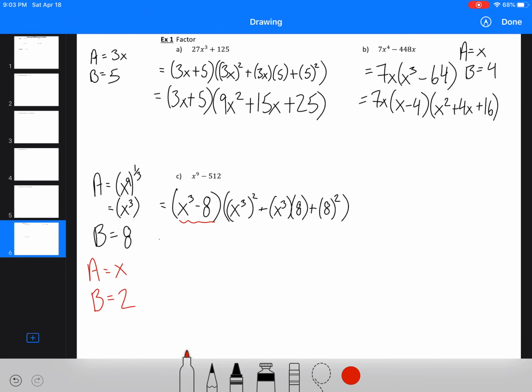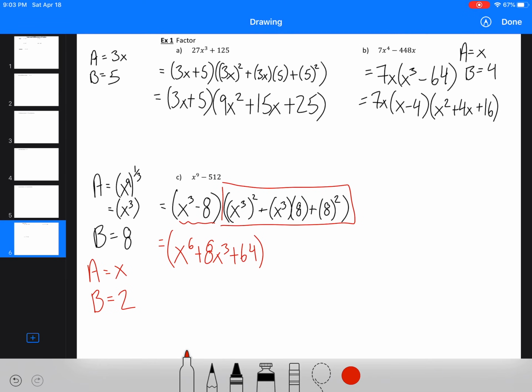Now our new a value is x, and our b value is 2. So what I'm going to do is write out that second bracket, because we're going to stop using it. So that second bracket is x to the 6 plus 8x cubed, and then plus 64.